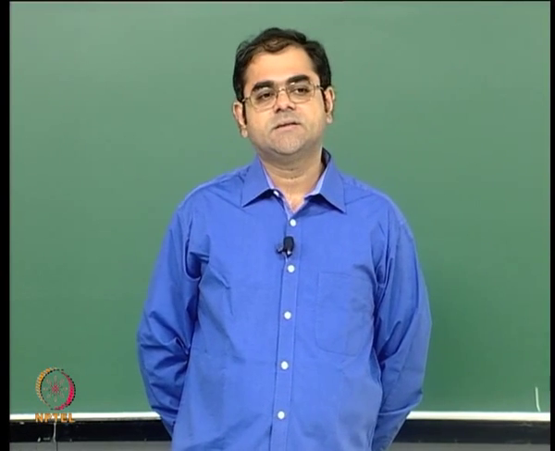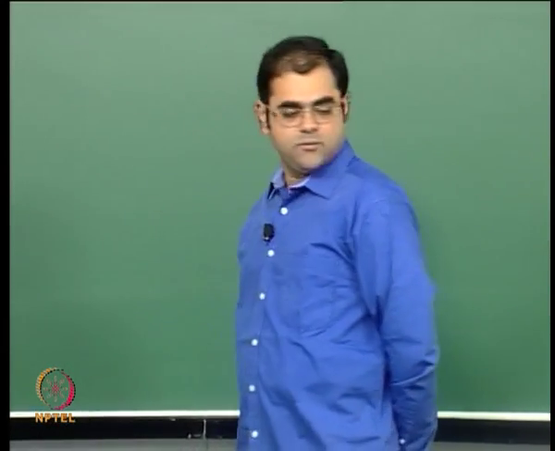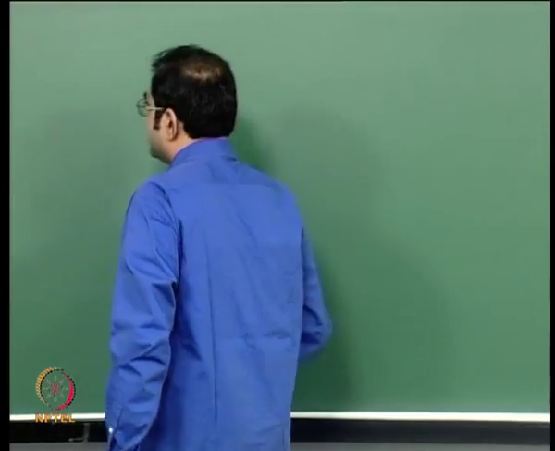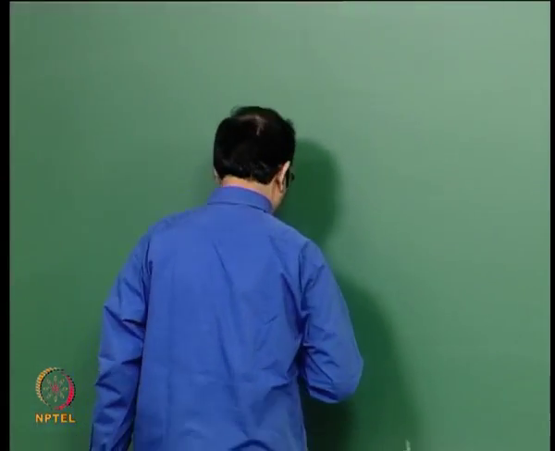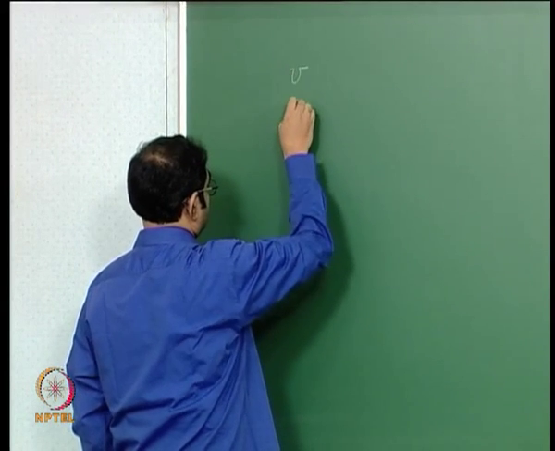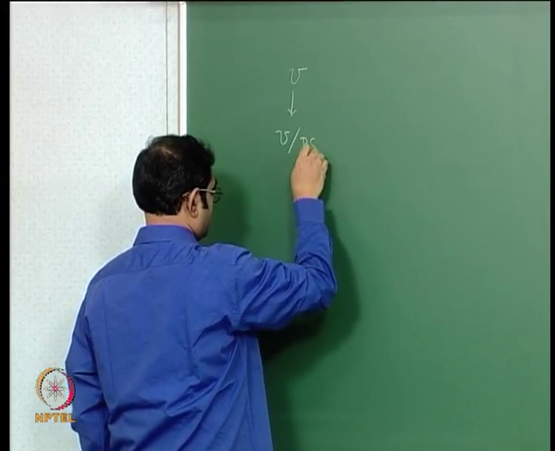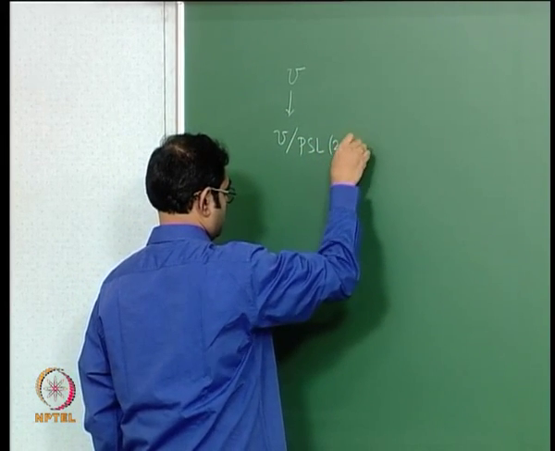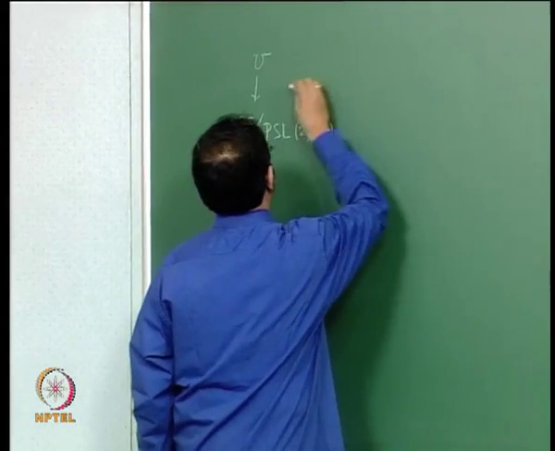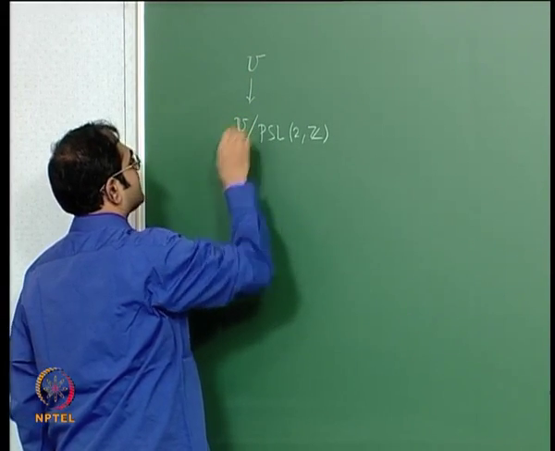to try to understand where this will lead to, let us try to do some heuristic thinking. So you have U mod PSL2Z, and maybe I will put a thickened U to specify that this is the upper half plane.